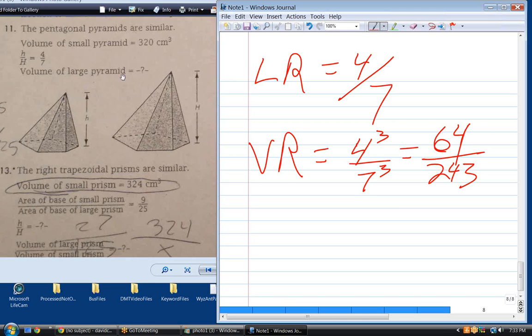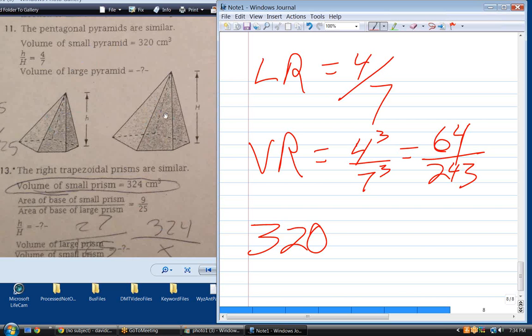And the volume of the small one is 320. So what do I have to do to that to find the volume of the big one? Okay, so they give me the volume of the small one. So I've got the volume ratio.